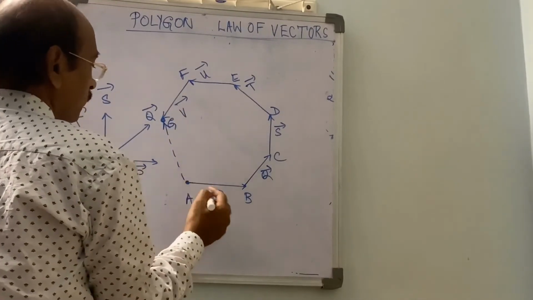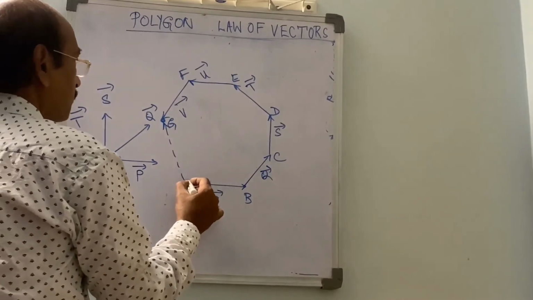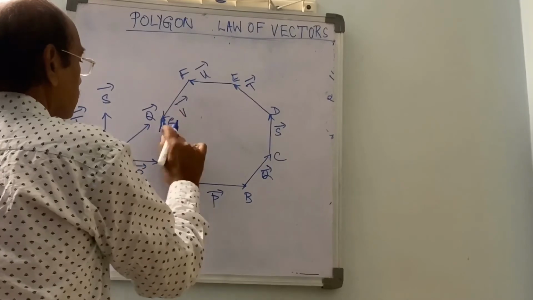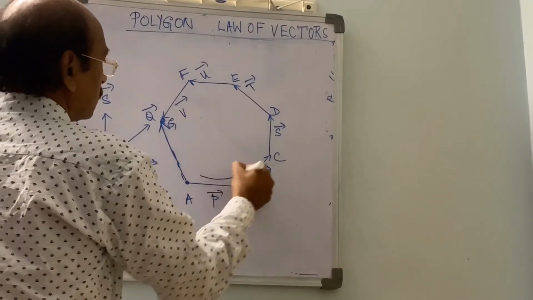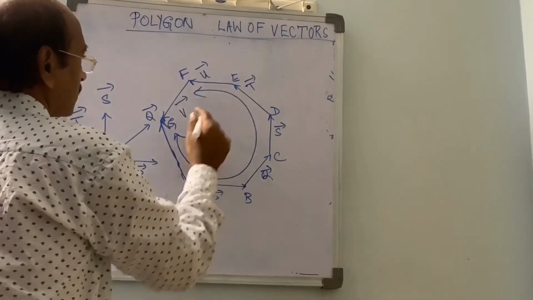Now, by joining the tail of the first vector P bar with the head of the last vector, this is in anti-clockwise direction.